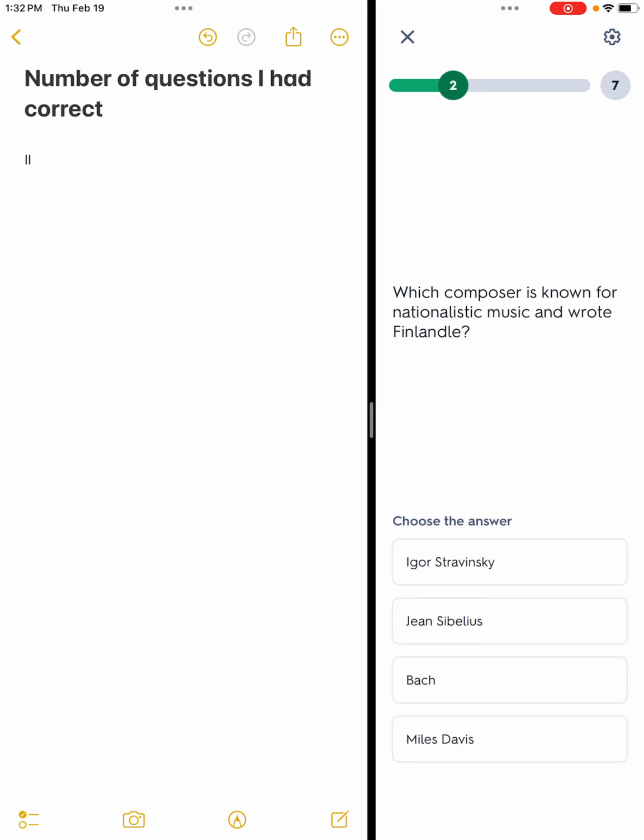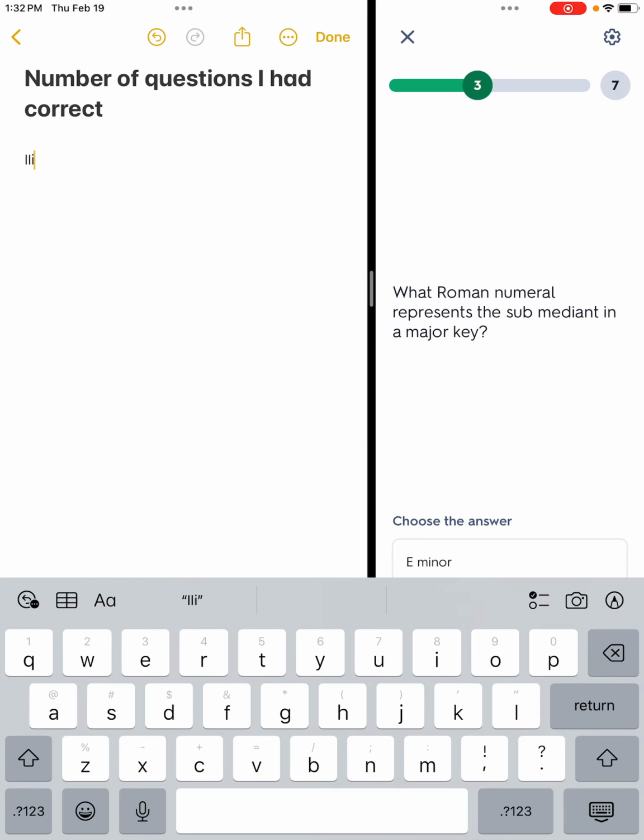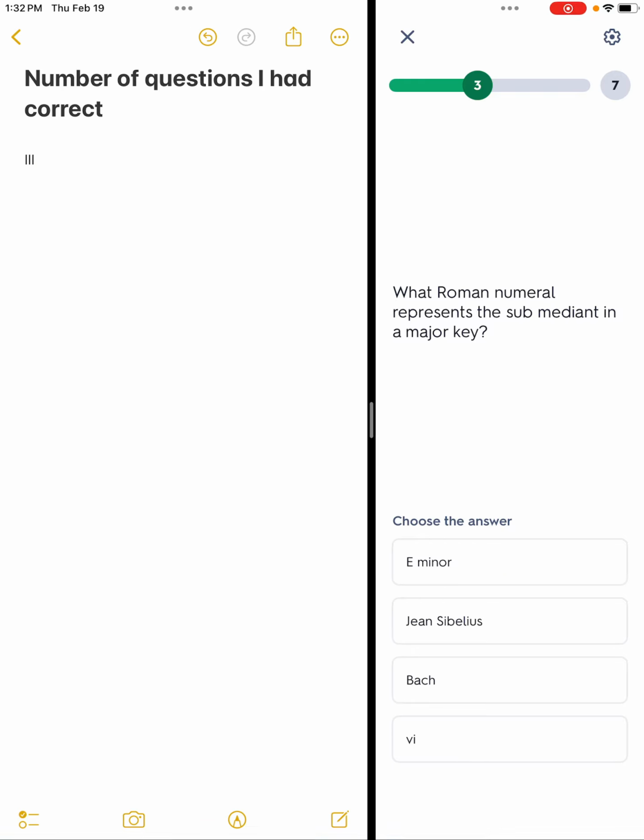Which composer is known for naturalistic music and wrote Finlandia? Sibelius? That's 3. Which Roman numeral represents a submedian in a major key? 6.